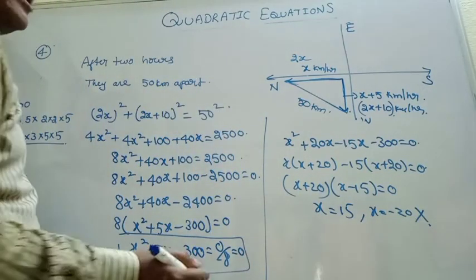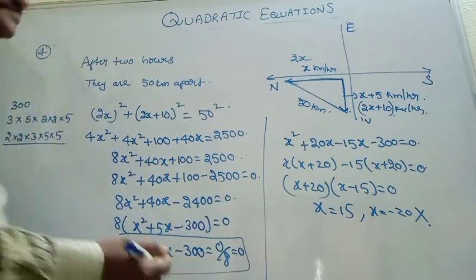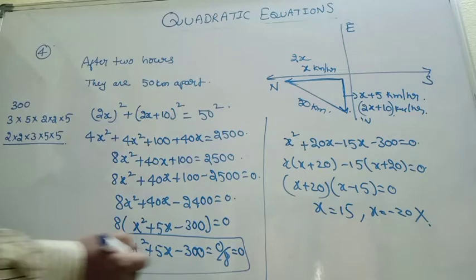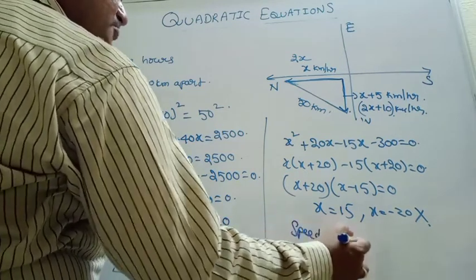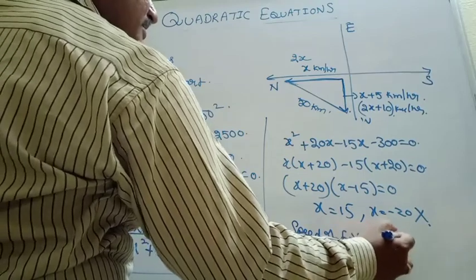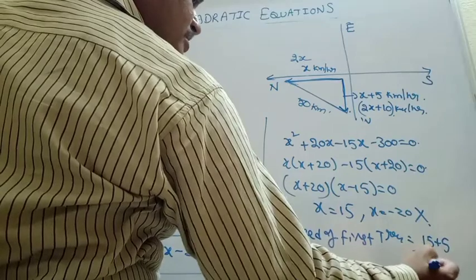Therefore, the speed of the first train is x plus 5 kilometers per hour. X plus 5 means 15 plus 5, that is 20 kilometers per hour.